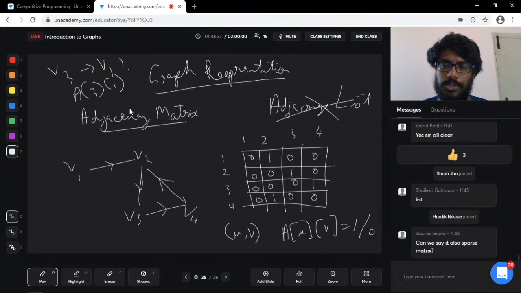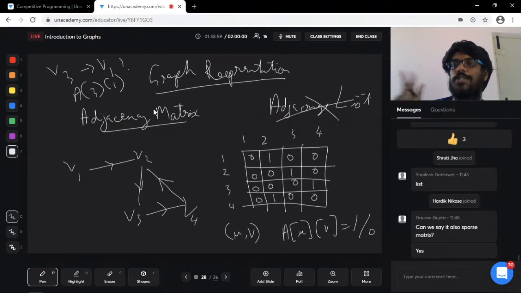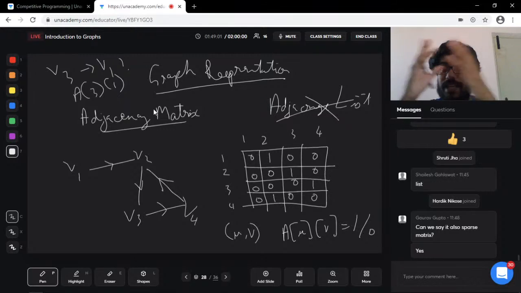What exactly do you mean by sparse matrix, Gaurav? Are you saying the number of ones is going to be fewer and less dense, that kind of sparse? That need not always be the case, right? Think of a complete graph where every two vertices have an edge between them, in which case there will be ones everywhere.